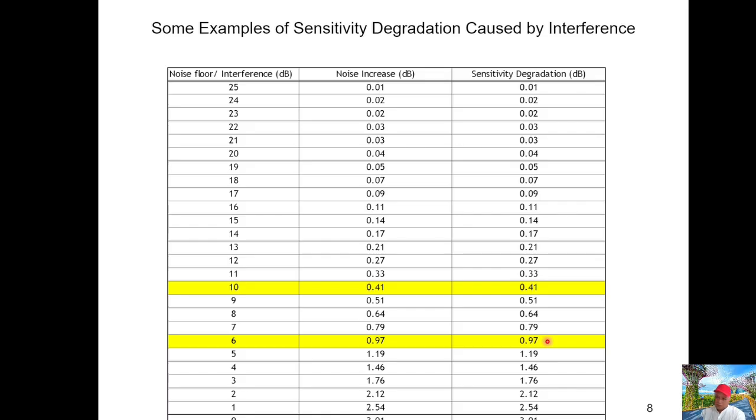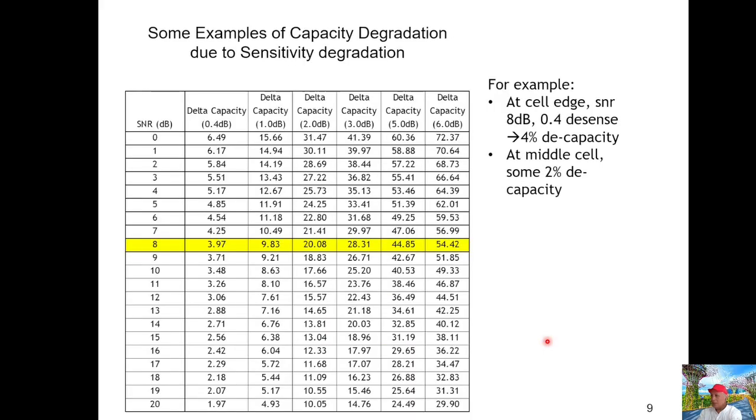For example, if your original system sensitivity is minus 120 dBm, it now becomes minus 119 dBm. This is the sensitivity degradation, and how much this will affect the system capacity we show in this slide.